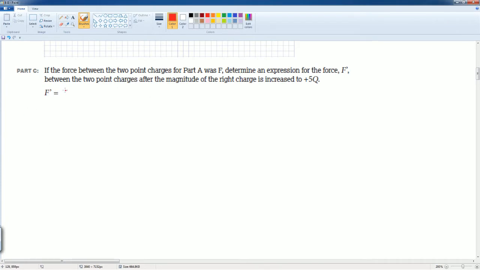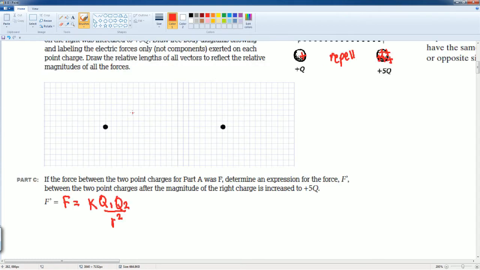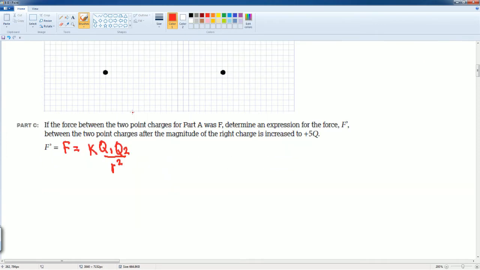So the new force is going to be the initial force equal to K Q1 Q2 over R squared, where R is the distance between them. Now, we saw that the charge increased by 5Q, so the new one will increase by 5Q. So Q1 Q2 is going to be 5 Q1 Q2 over R squared. Simplify.